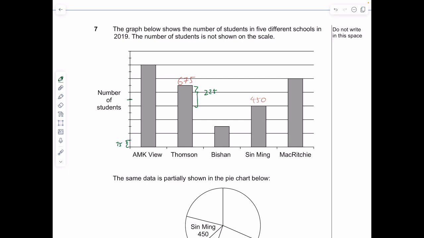Now, first we need to find out what is the enrollment of Ang Mo Kio View.